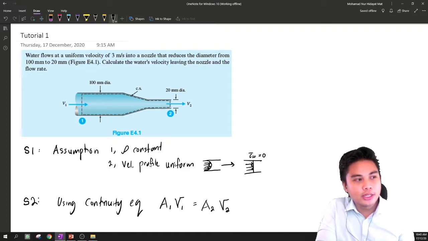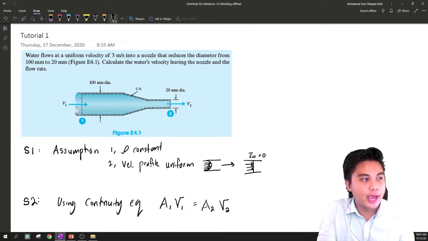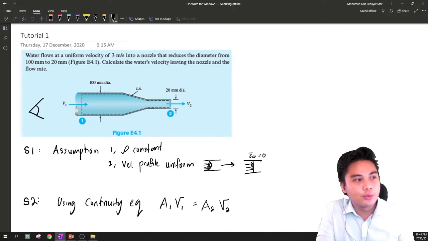In order to determine the area, we have to draw the eyes here. This is our eyes, what we look at. The area is where the flow is perpendicular to the cross-sectional area. You can see this is perpendicular. So when you look at it here, the area is a circle.